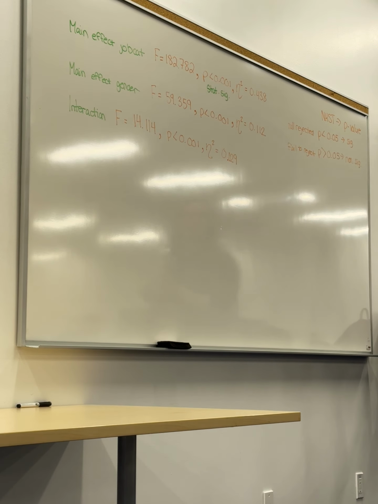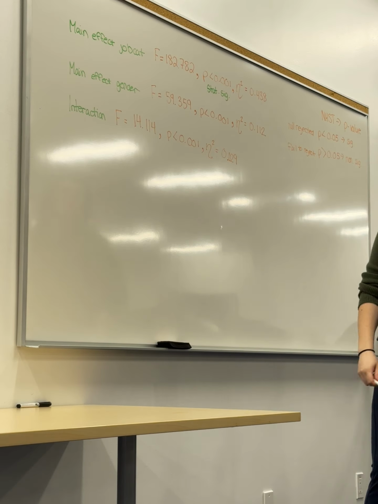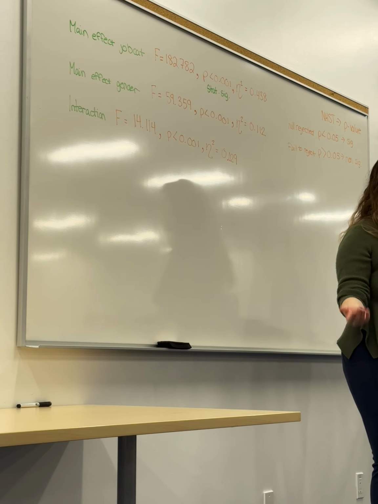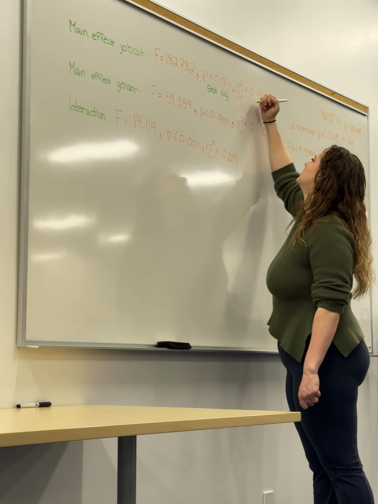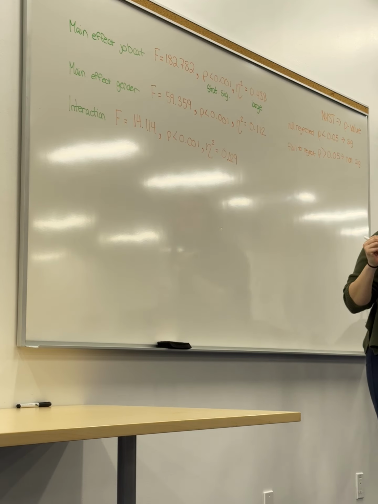What we're going to do now is look at our partial eta squared and compare it to the chart on the top. 0.438 is obviously way bigger than 0.01 and 0.06. If your threshold for large is 0.1, 0.4 is obviously a lot larger than that, so we can go with large. If you want to say very large, that's fine too, but we know that there is a large effect.